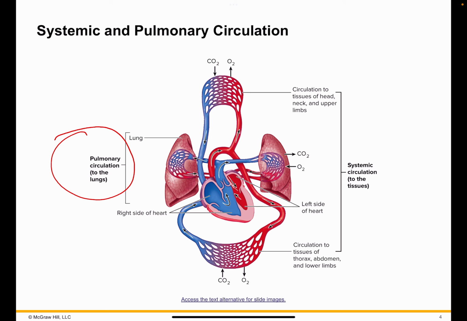Whenever you see the blue lines over here, they represent deoxygenated blood, which lacks oxygen, while red means oxygen-rich blood.